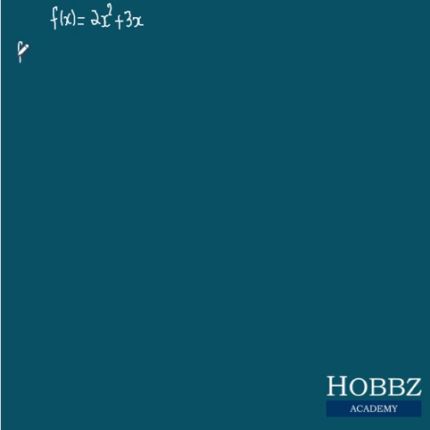We know that the formula for the first derivative, f prime, equals the limit as h approaches 0 of f of x plus h minus f of x, divided by h.